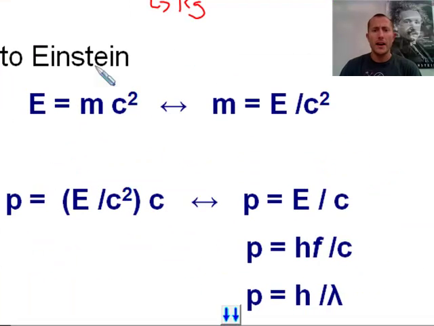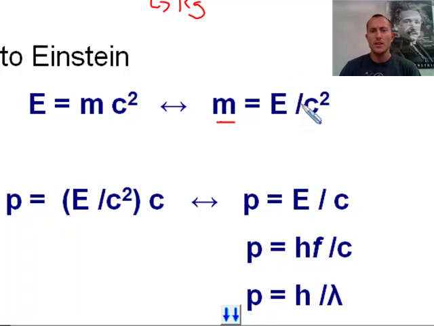Now, also according to Einstein, the energy associated with a particle is equal to mc squared, the mass of the particle times the speed of light squared. Well, if we rearrange that to solve for mass, the mass is equal to that energy divided by the speed of light squared.